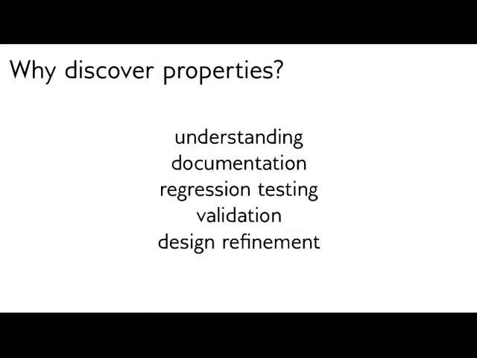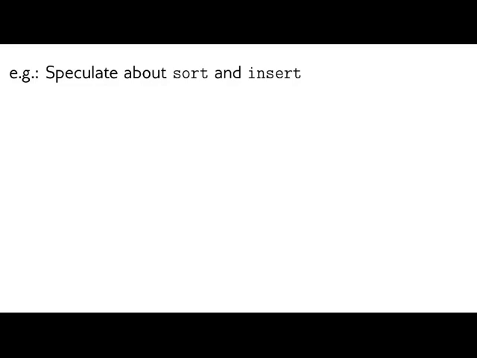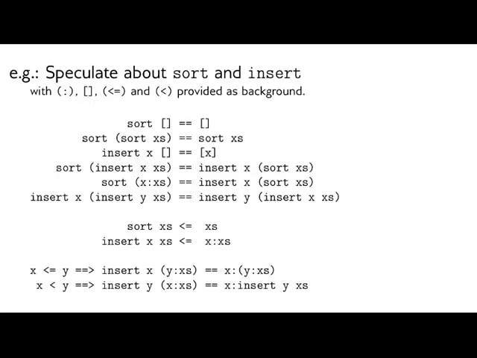Now that we went through why we want to discover properties, let's see a couple of example applications of Speculate. Let's try to reverse engineer insertion sort, given an implementation of both functions. If you pass sort and insert to Speculate with a few functions in the background, we get these laws: a few equations, some inequalities, and some conditional equations.